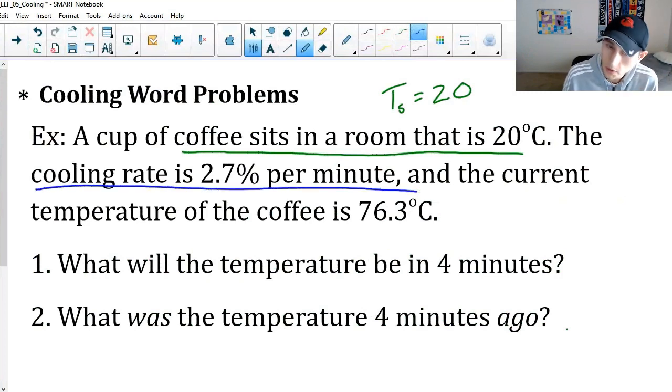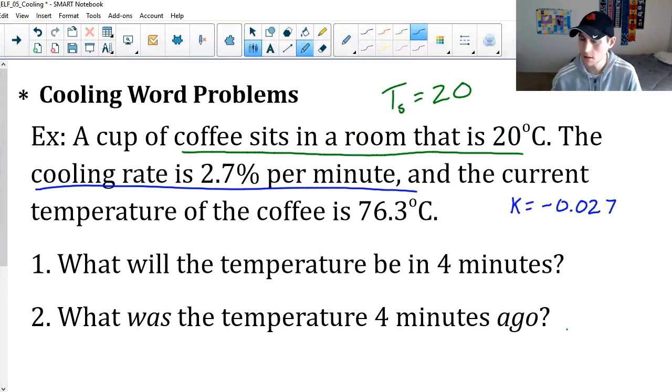It's cooling at a rate of 2.7% per minute, so negative 0.027. Again, we still have to change our percent into a decimal, and it needs to be negative since it's cooling. The temperature is decreasing, so we need a negative k value.